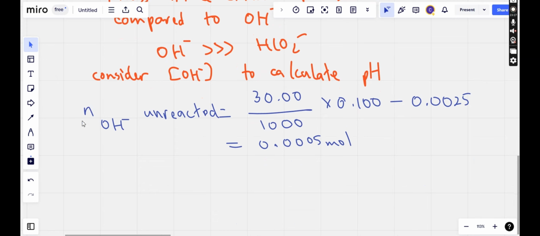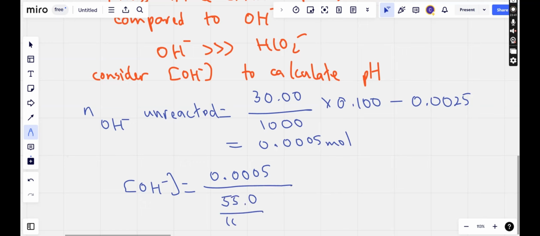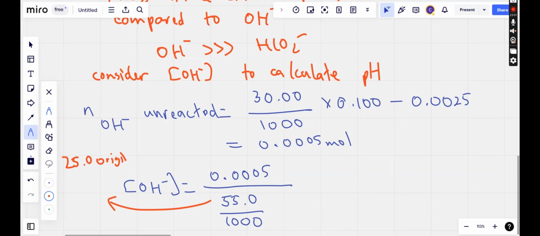And then you want to calculate the concentration of OH⁻, which is equal to the amount divided by 55 cm³ over 1000, and this 55 is equal to your original 25 plus 30 of NaOH, so it's equal to 55.